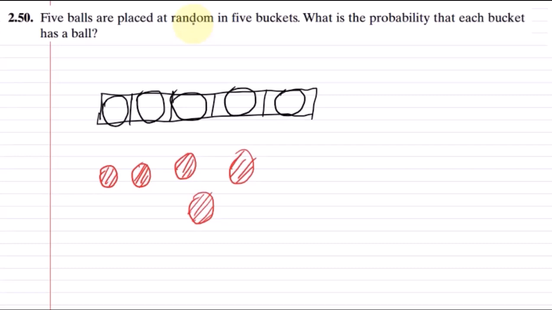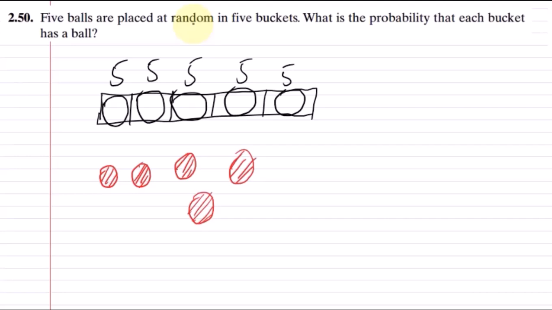Initially, how many balls can a bucket get? It can get 5 balls. Similarly, the next can also get 5 balls, and so can each of the others.